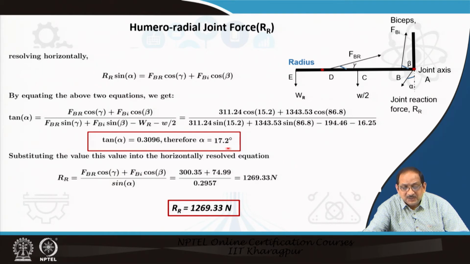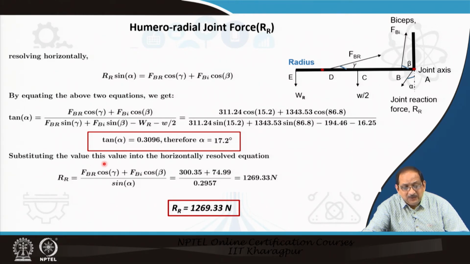So, alpha comes out to be, when we put down the values of the angles gamma, beta, as well as the external load WR, which is being carried by the radius bone, and half of the limb weight of course in this case, 17.2 degrees.